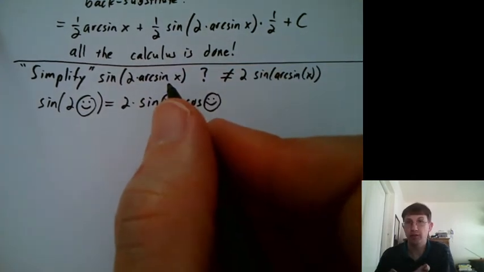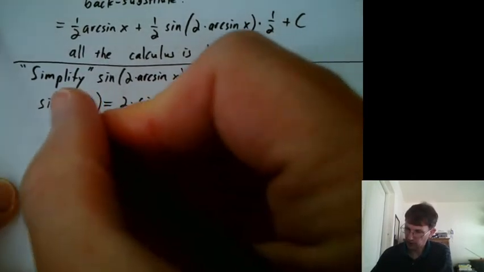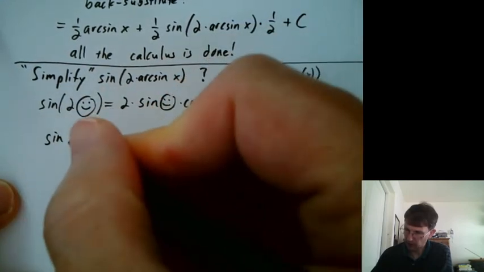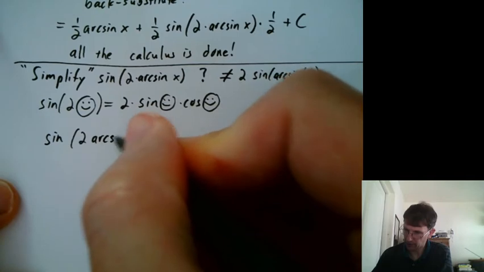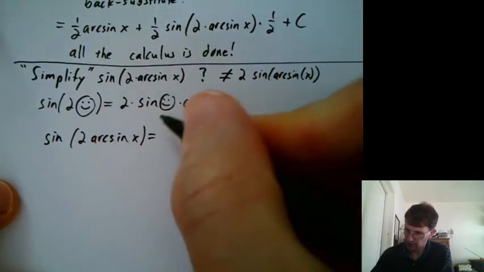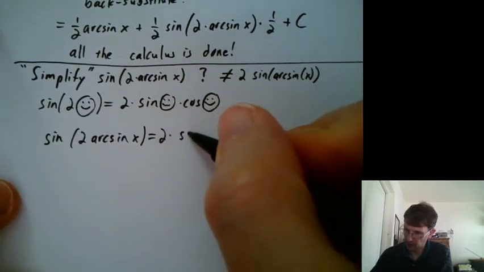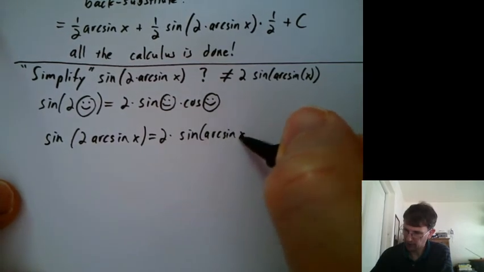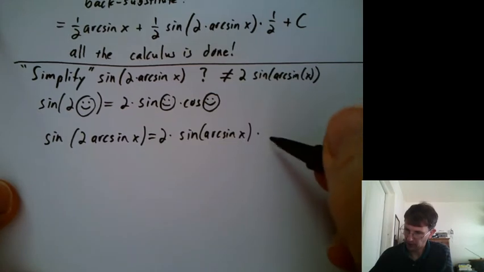So here happy face is arcsine x. So we'll say this sine of 2 arcsine x is equal to 2 times sine of arcsine x times cosine of arcsine x.